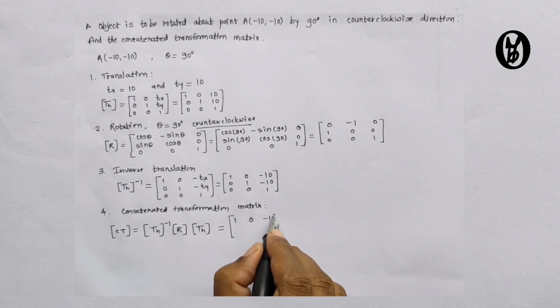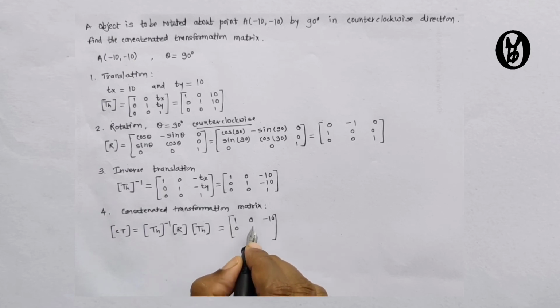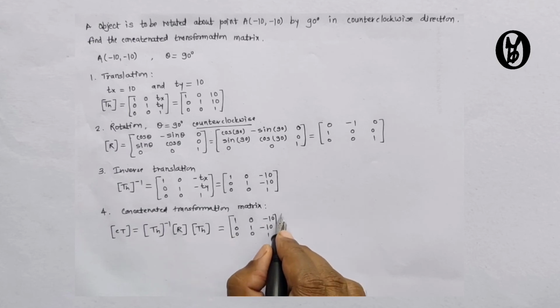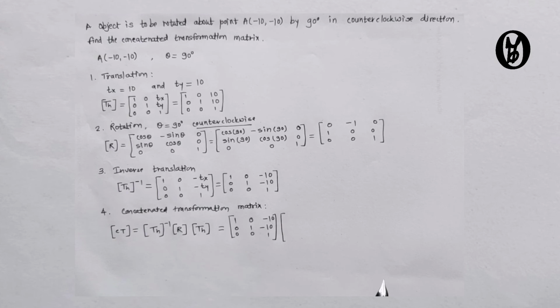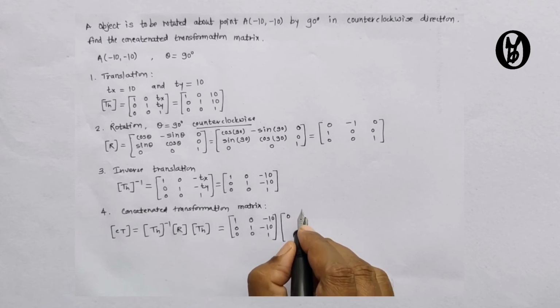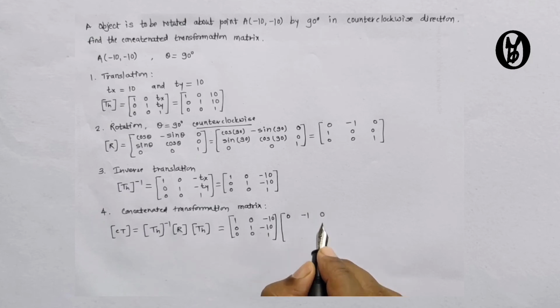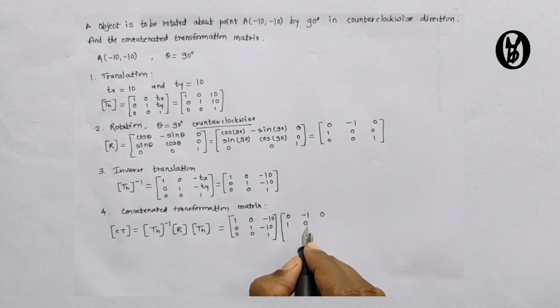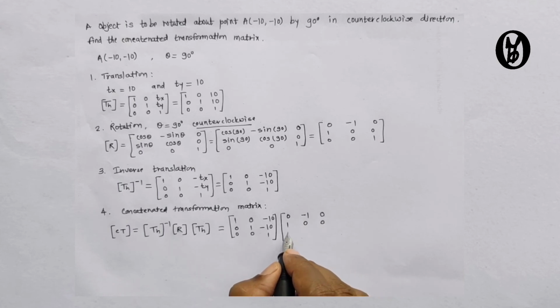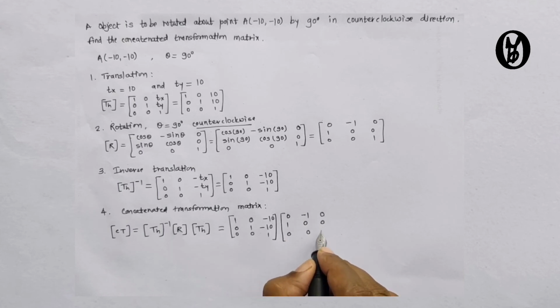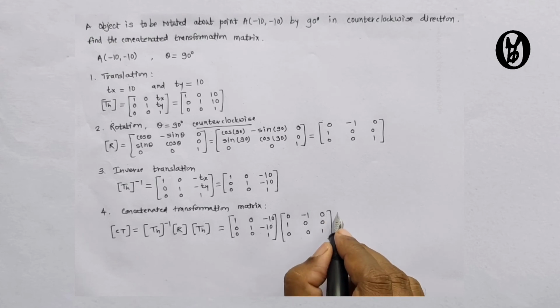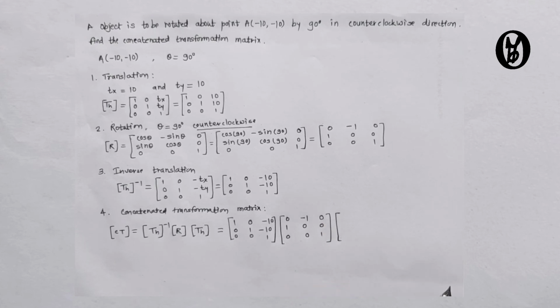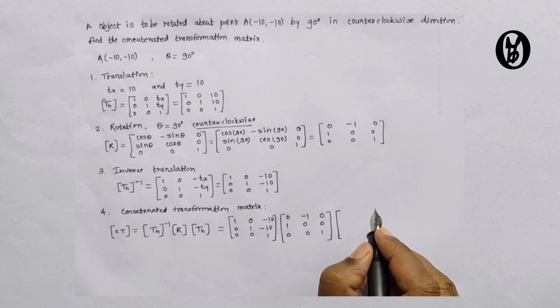This is the inverse translation matrix, multiplied by the rotation matrix, multiplied by the translation matrix.